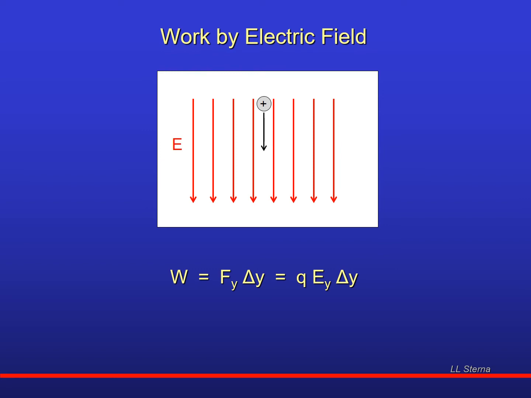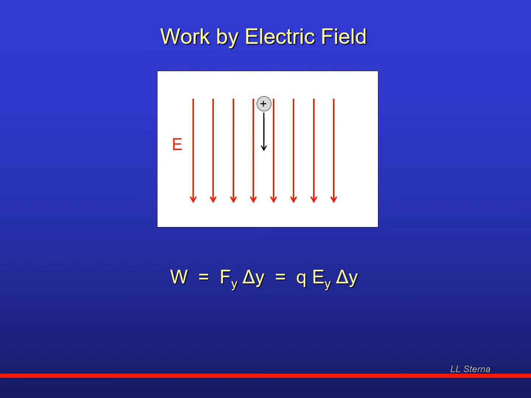So the work, W, is the force in the Y direction, F subscript Y, times the displacement, delta Y. Now, the force in the y direction will be equal to the charge Q times the field component in the y direction, E sub y. And the displacement delta y. So here is the work: F_y delta y, which is also equal to Q E sub y delta y, where Q refers to that charge.